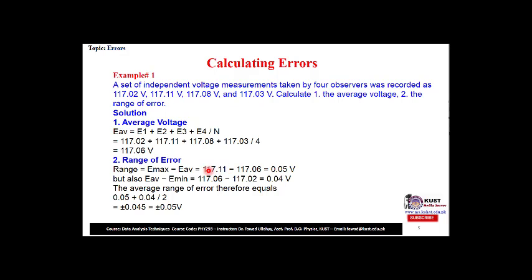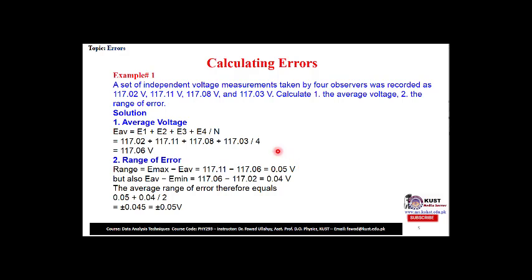We take the difference of that maximum value with the average value, and we get 0.05 volt. Similarly, for the lower range of error, we take the difference of the average value and the minimum value of these four values, and we get 0.04 volt.